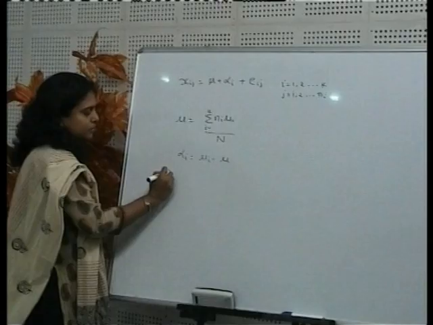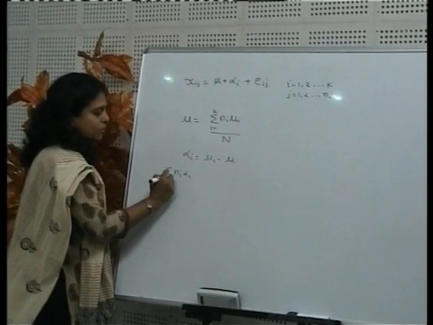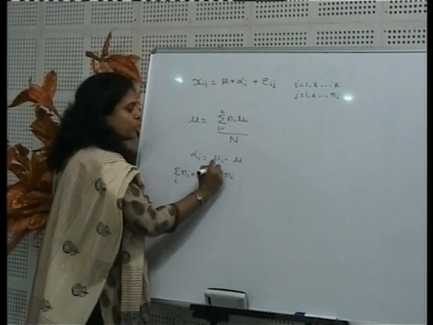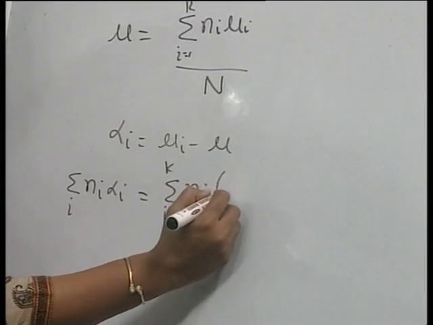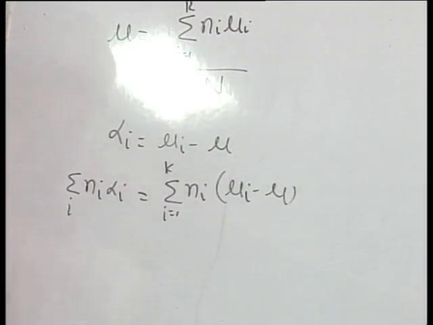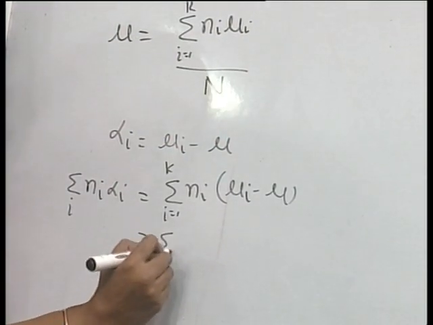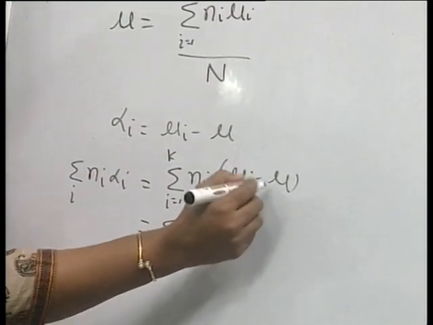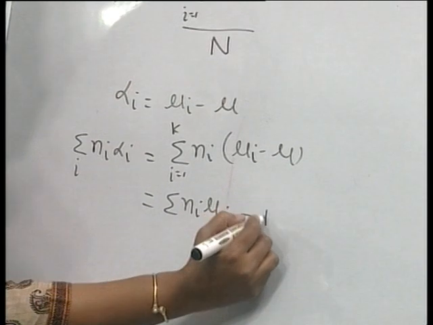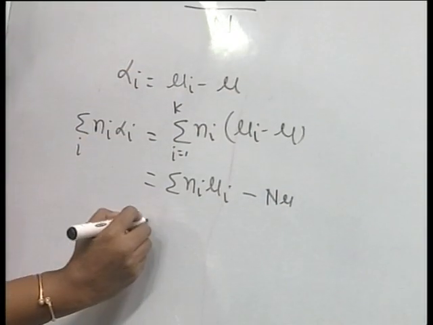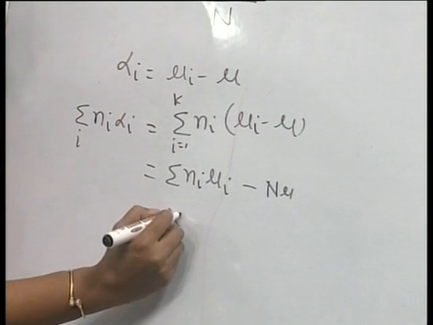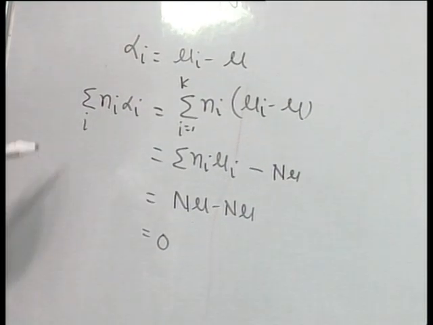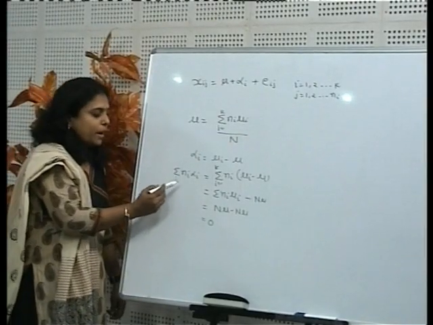Now summation ni alpha i over i can be written as summation ni, i ranging from 1 to k, into mu i minus mu, which is equal to summation ni mu i minus summation ni mu. Since mu is free from the summation sign, that is N mu. This is equal to N mu minus N mu, which is ultimately 0. So thus we have got summation ni alpha i over i equals 0.